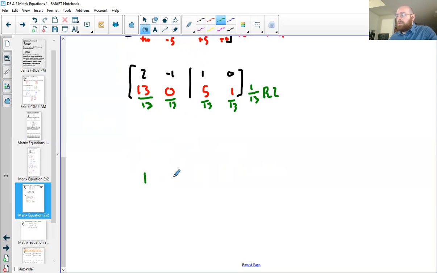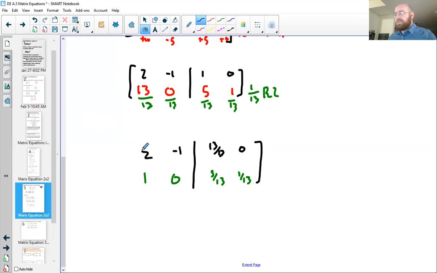So I'll have 1, 0, then 5 13ths, and 1 over 13. Our first row stays unchanged. Knowing that I now have a denominator of 13, I am going to make this 1 into 13 over 13 so that I have a common denominator in advance of needing it.